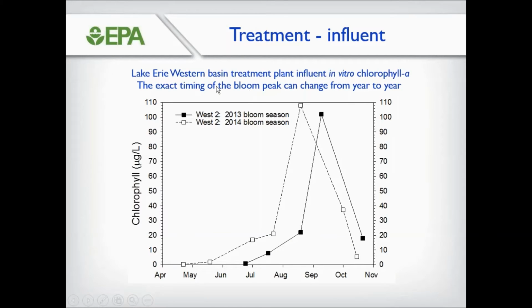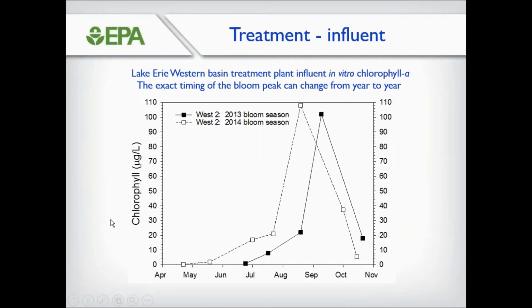This slide shows the influent to a full-scale water treatment plant in the western basin of Lake Erie that was sampled both during the 2013 and the 2014 bloom seasons. The 2013 bloom season is represented with the dark squares, and the 2014 bloom season is represented with the white squares.